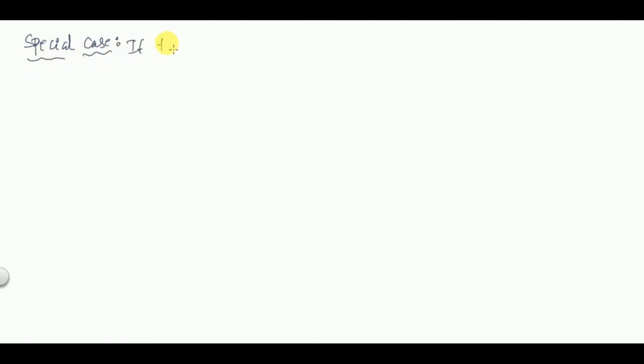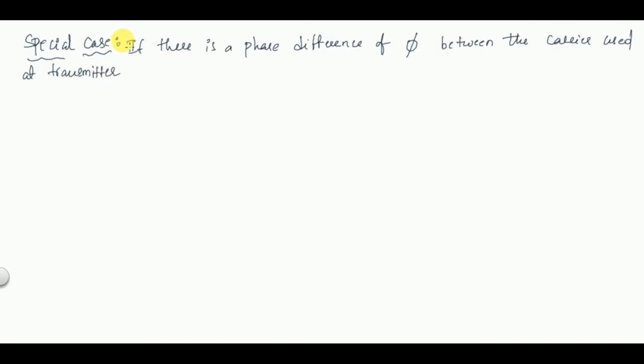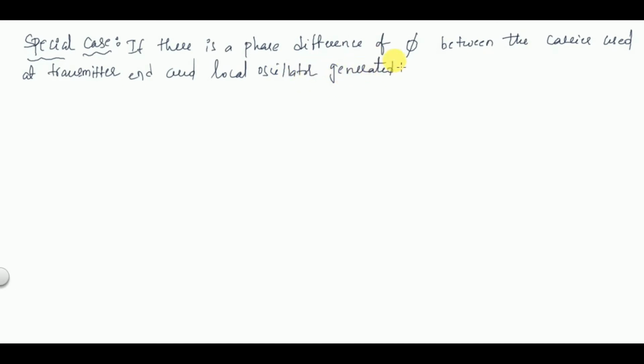The special case is if there is a phase difference of phi between the carrier used at the transmitter end and the local oscillator generated carrier. So in this case, what will be the output?